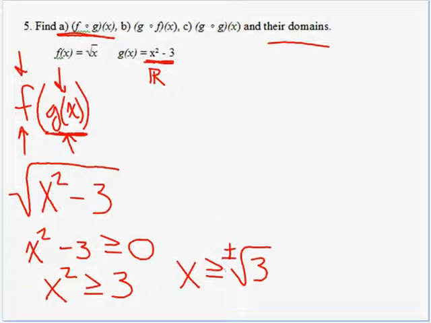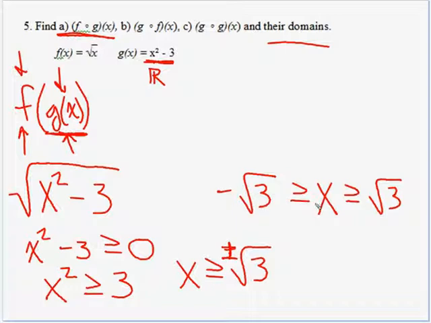Would that be plus or minus? Yeah, so we would have our plus and minus here. So the positive root is going to stay on this side. X must be greater than or equal to the positive radical 3. And on the other side, we'll have it jump over here, our negative radical 3.